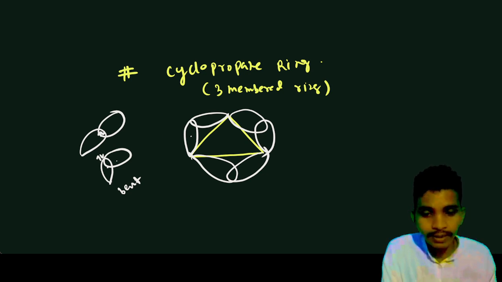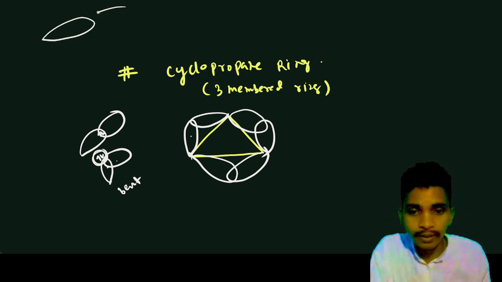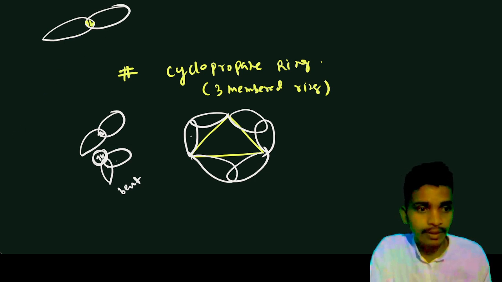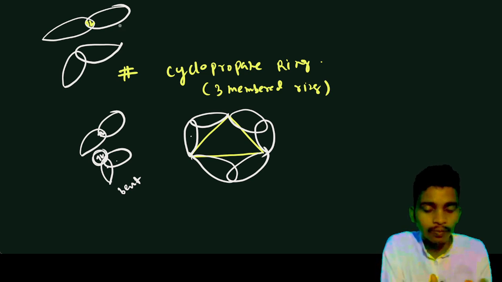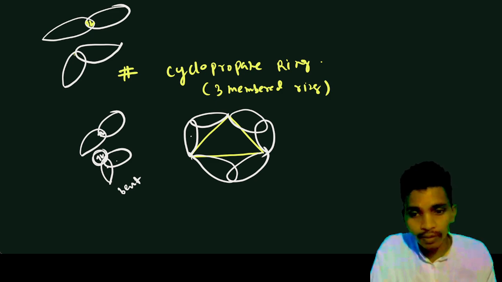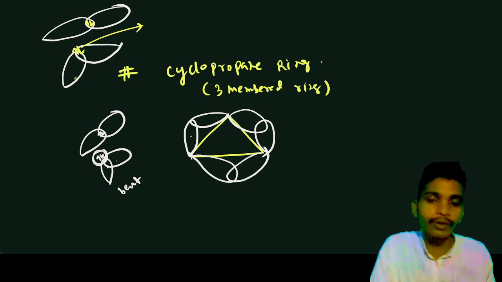But in the bent case these two electrons are not so stable and are freely available to donate. If orbitals are not bonded in a proper orientation, those electrons are unstable, and if they are unstable they can easily donate, because everybody wants to get stable.